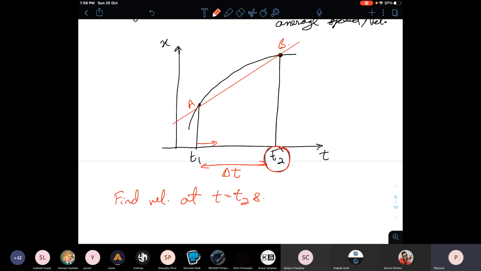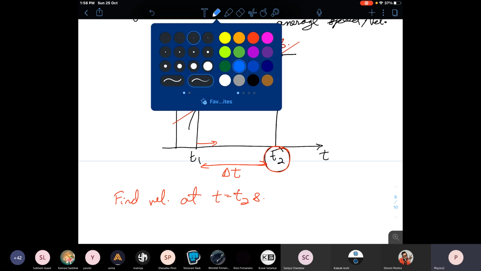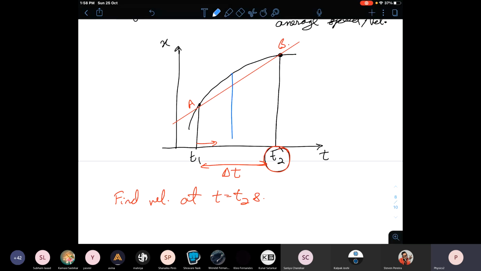Now, since this T1 line has moved towards the right, it is now at this point. That means point A has shifted over here. Now this is my A point.